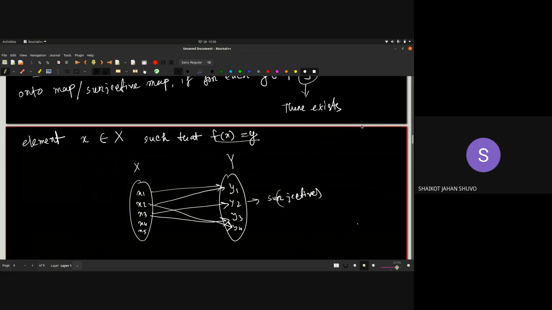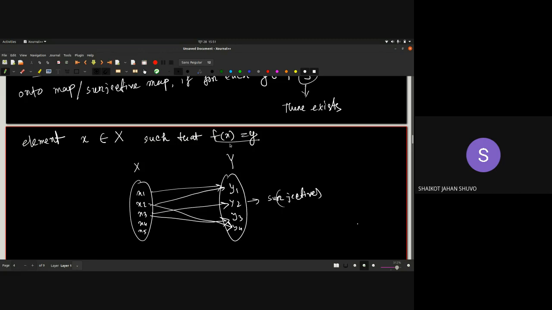I'm saying this is a map. What you are saying is that if x3 gets mapped to y1 and y3, that violates the definition of a map. No, that violates the definition of an injective map. This is not an injective thing. I'm just showing you an example of a surjective one.